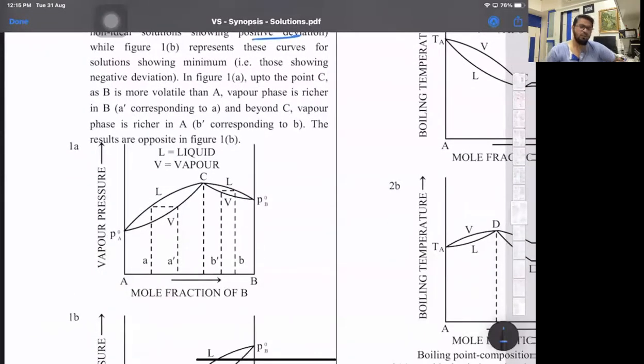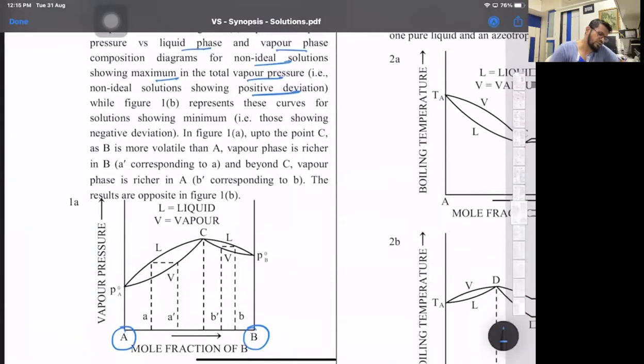So look here, this is the positive deviation, where mole fractions are being plotted with respect to component A and component B. Both the vapors are coming on the surface. That's what we call a positive deviation.